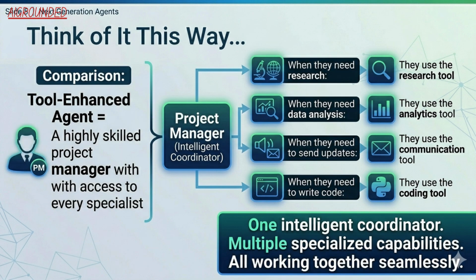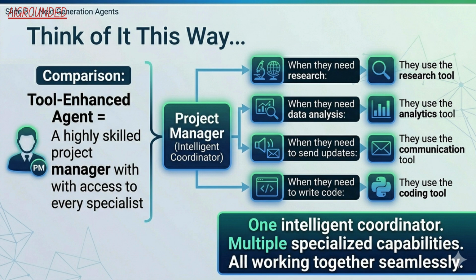Here is a great way to think about tool enhanced agents. Imagine a highly skilled project manager who has access to every specialist in the company. When they need research done, they go to the research team. When they need data analyzed, they go to the analytics team. When they need to communicate updates, they use the right communication channel.